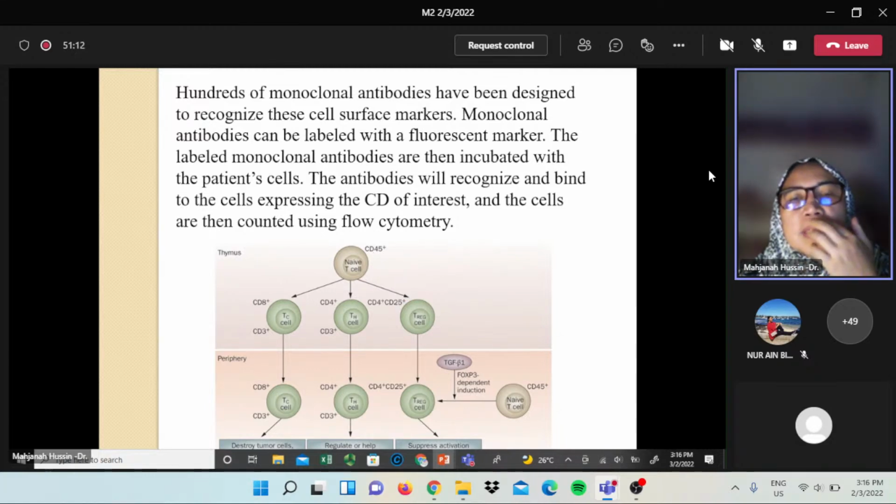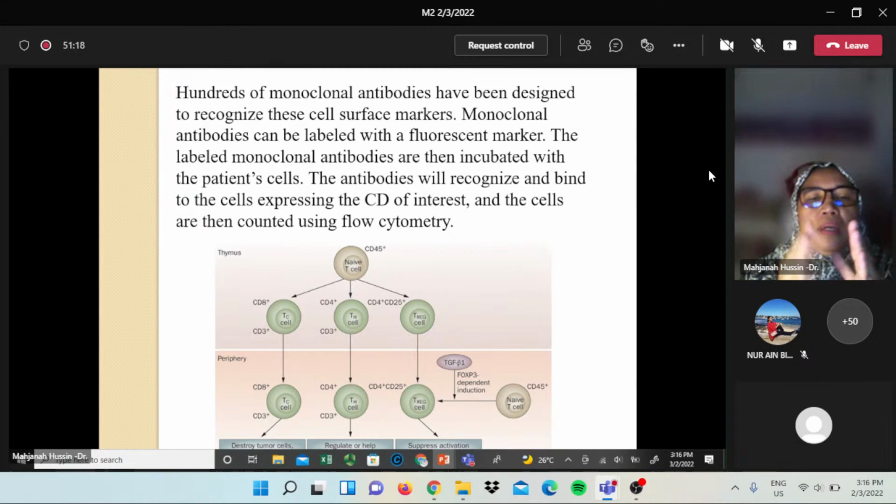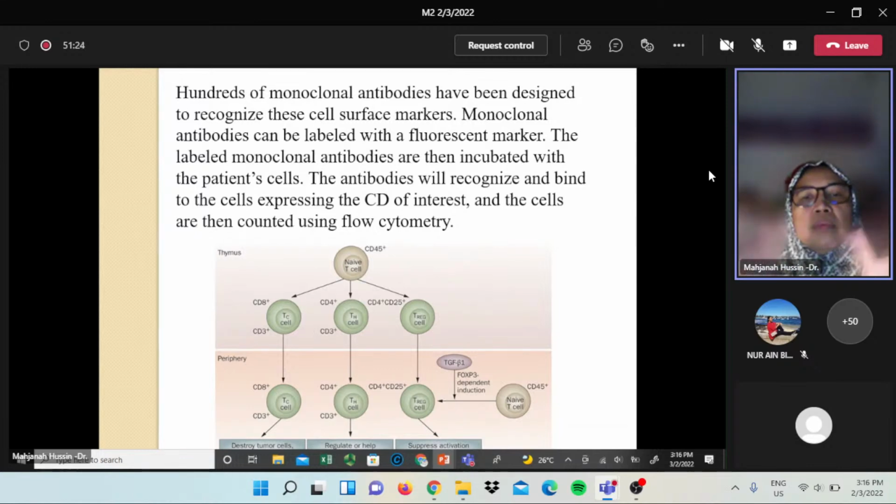So this is when it suppresses activation of any immune cell. Regulatory. If it's there, it will stop. If it's not there, the cells will become more. They will produce more. It regulates the on or off of the process. Okay.